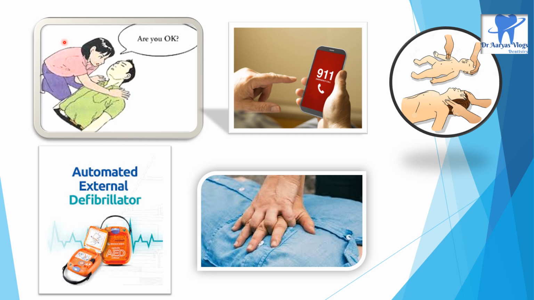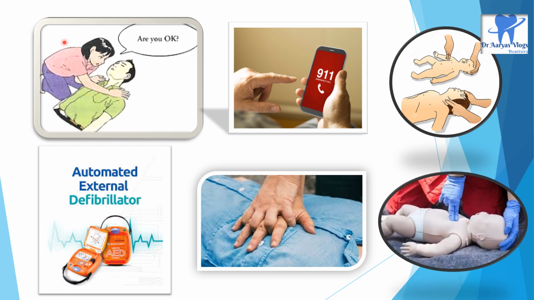Then a second rescuer comes with the automated external defibrillator, that is, the AED. So the CPR is started. This is for an adult patient, and this is for a pediatric patient or infant.